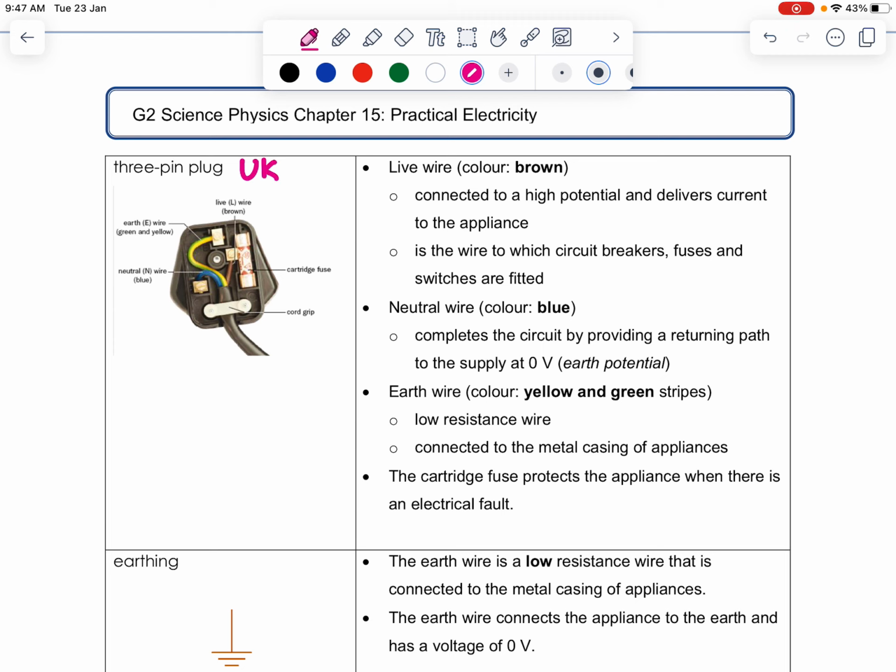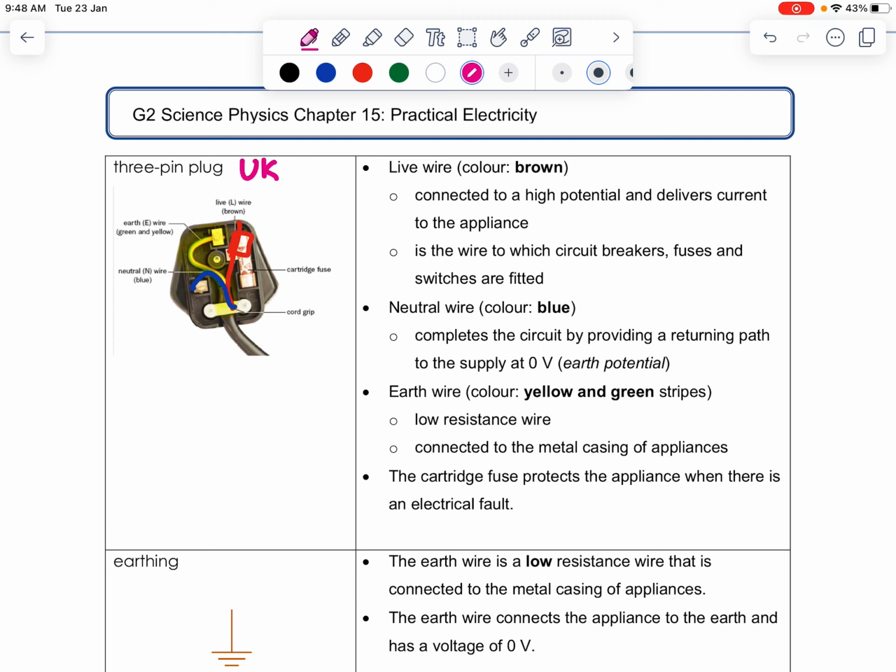You have the earth wire that is connected to the earth. Then you have the live wire, which is the brown wire, connected to the fuse. And then you have the neutral wire.